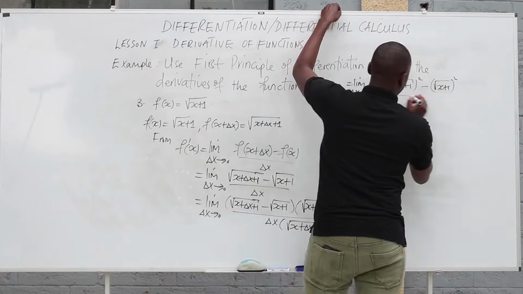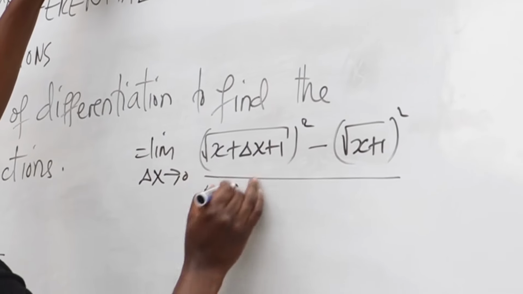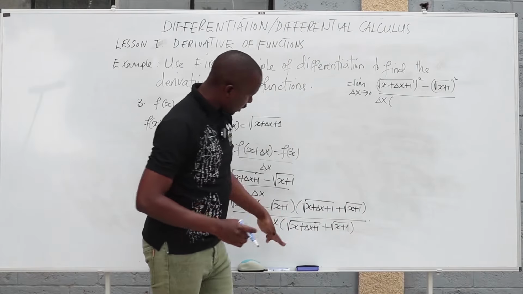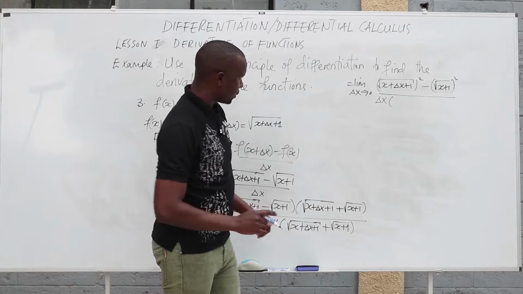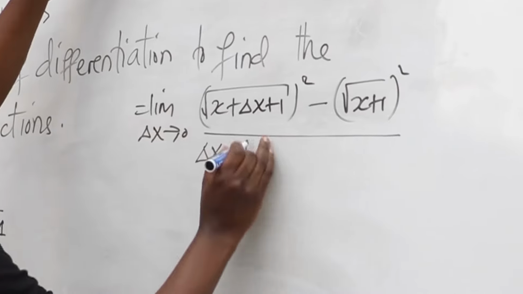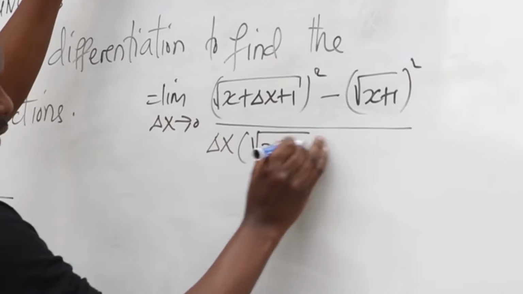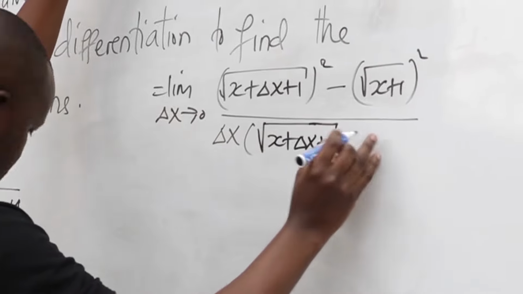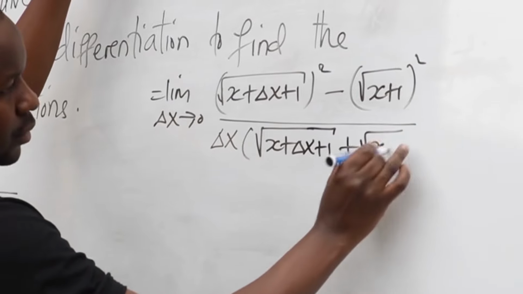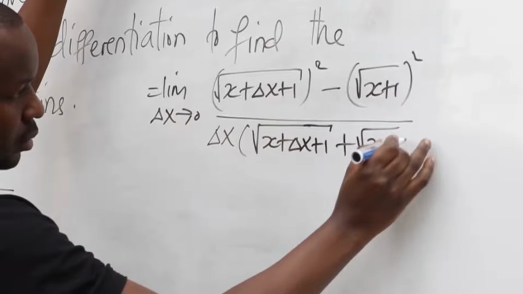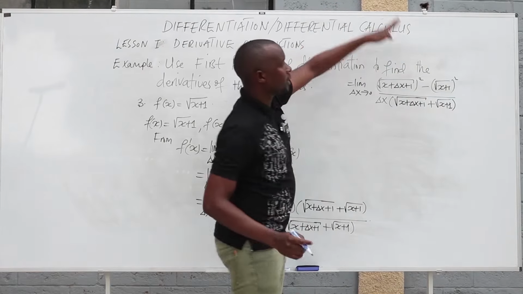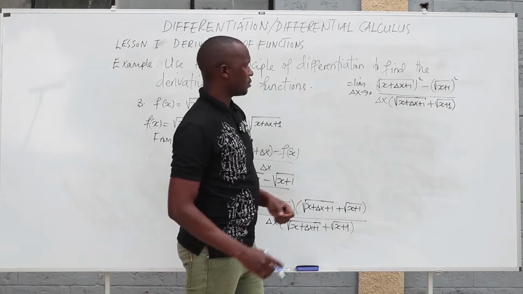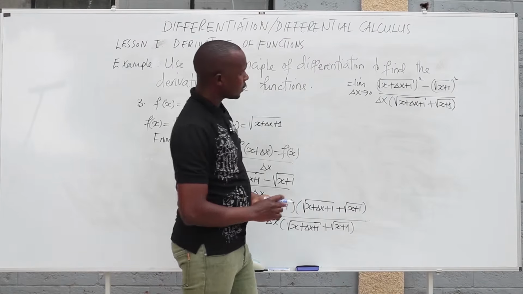Then over change in x, bracket. Here we cannot touch anything, we just leave them. So it becomes the radical of x plus change in x plus 1, plus the radical of x plus 1. So we deal with the numerator expression until we don't see the radicals. That's the meaning of rationalizing.